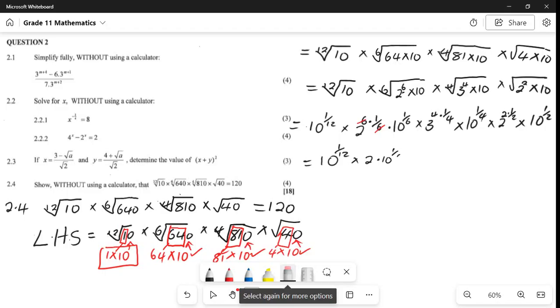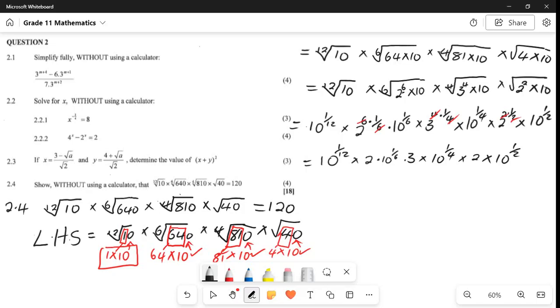Let me write this one nicely. And again, the 4 and the 4 will cancel. We are left with 3 times 10 to the power 1 over 4. Again, the 2 and the 2 will cancel. There we are left with 2 times 10 to the power 1 over 2.